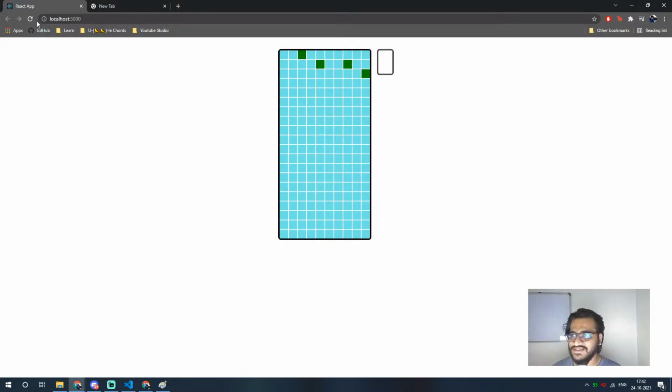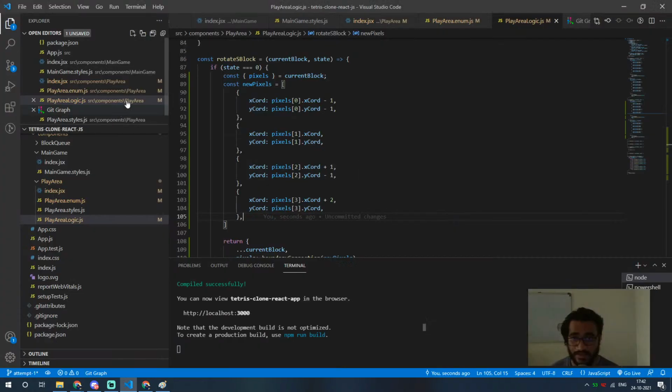So state 0 is working fine, state 1 is not working fine, and yet I try to change the state. So state 0 is working, awesome. We don't need to change anything about it.